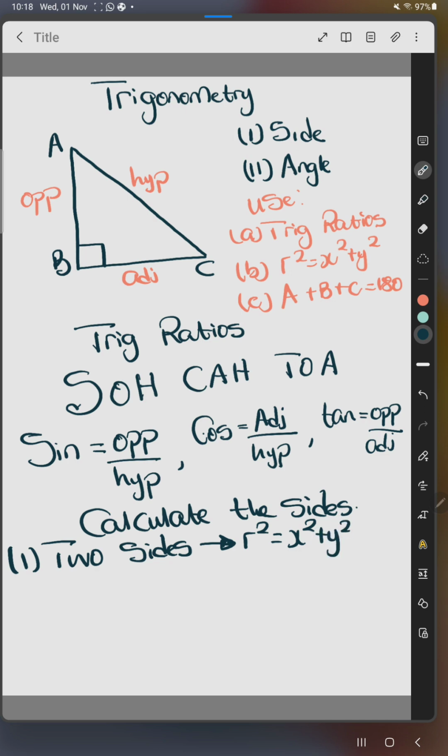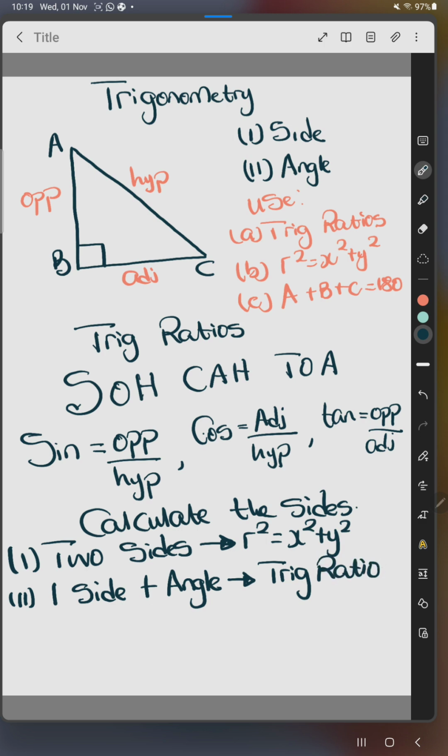Whenever you've got two sides, you use the theorem of Pythagoras. And number two, if they give you one side plus one angle, you're going to use the trig ratio.